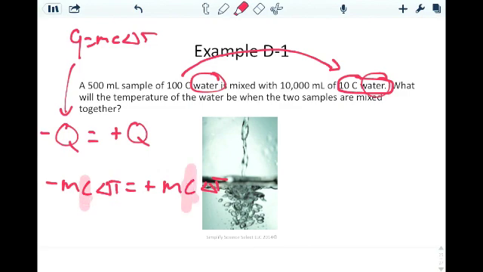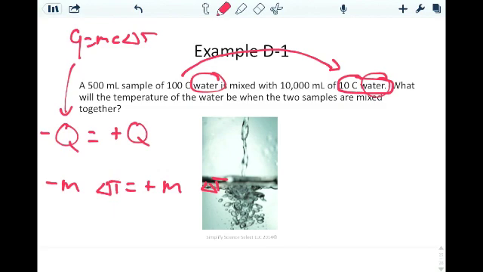So to save us a little time algebraically, we can just take those out, because they're just going to cancel. Eventually they will both reach the same final temperature, which is what we're solving for.